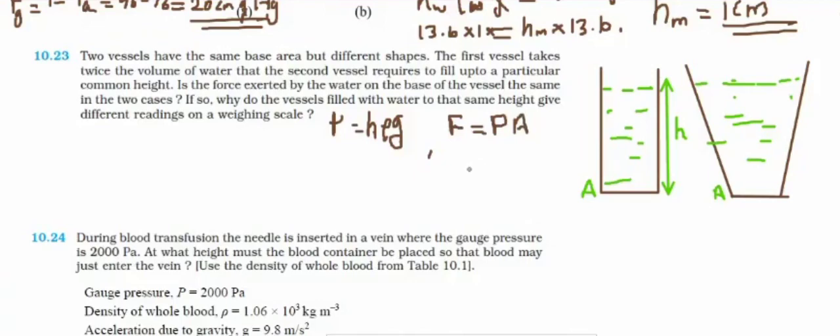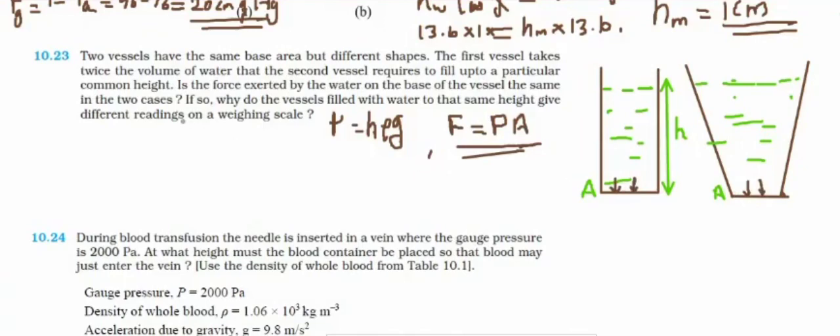Therefore, what about the force exerted by the water on the base area? Both have the same force. So in the first vessel and the second vessel, the force acting on the base area will be the same, P into A, because both have the same base area and the same pressure.